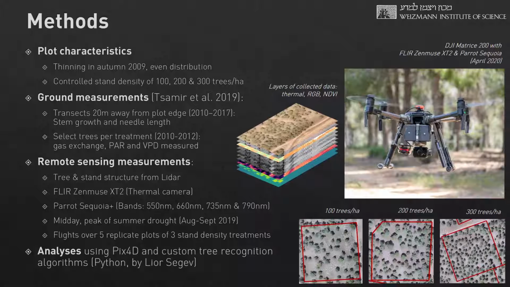So we combined a number of already published ground measurements by Samir et al. in 2019 to remote sensing measurements that we did in summer 2019, and obviously focused on the thermal radiation measurements from the drone. All of this data was then processed using Pix4D and our custom tree recognition algorithms that were developed at the Weizmann Institute.